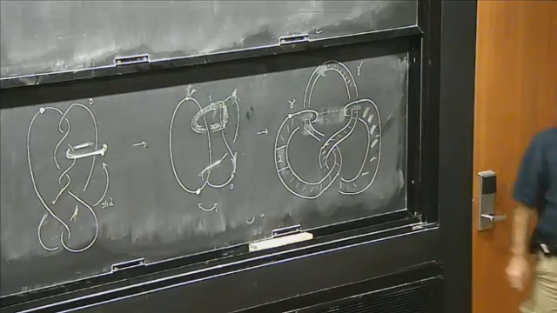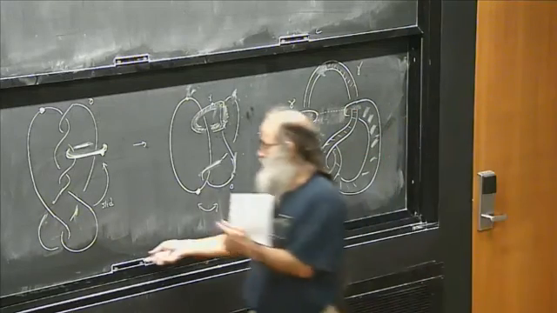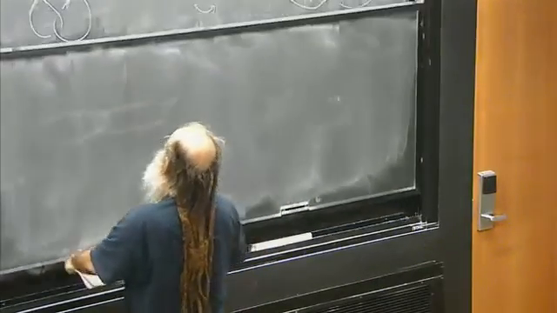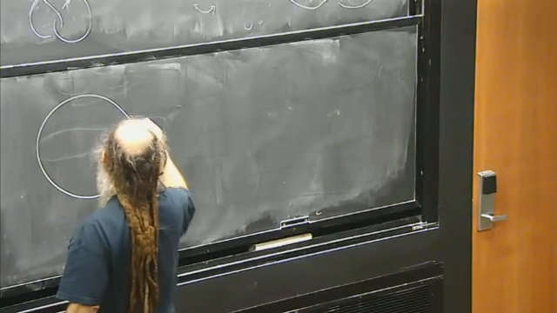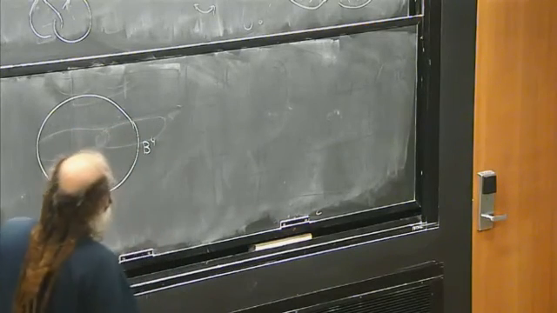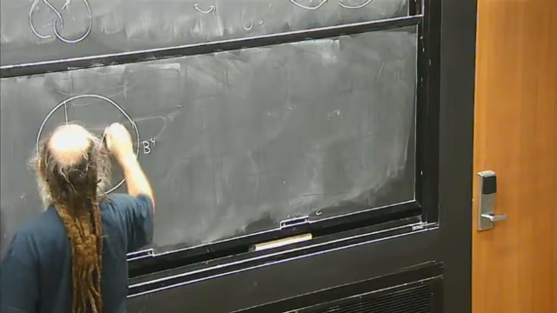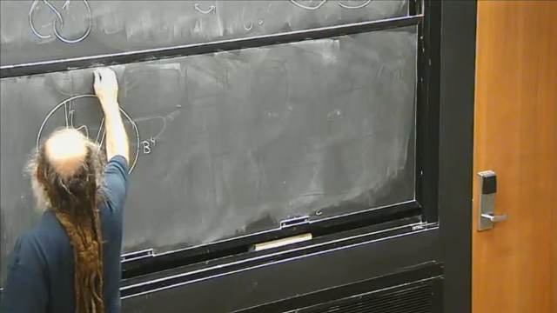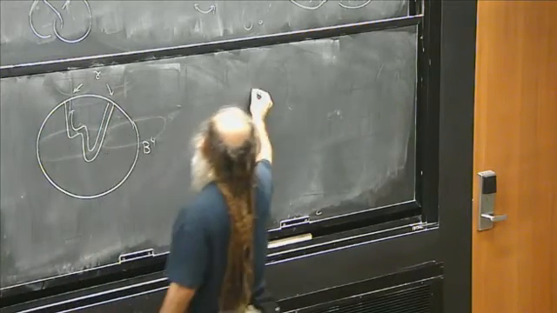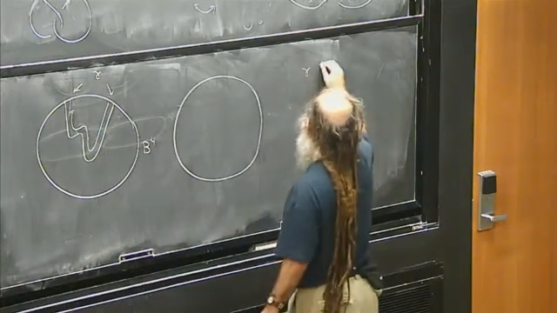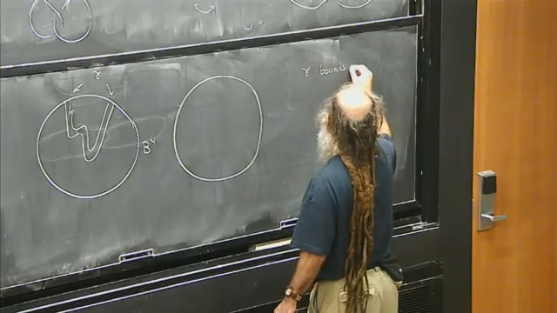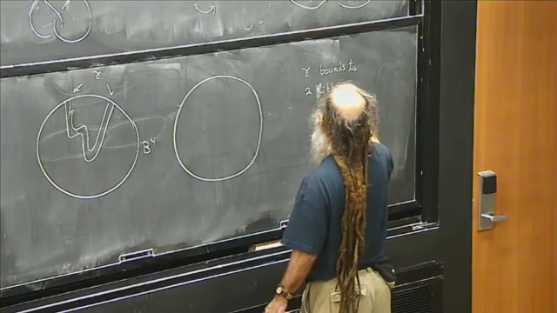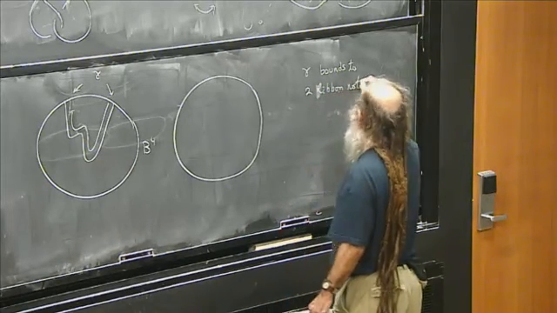Okay. So this is kind of an amazing thing. Here's a B4, and you have a ribbon knot. This gamma bounds two ribbon disks. They are distinct.